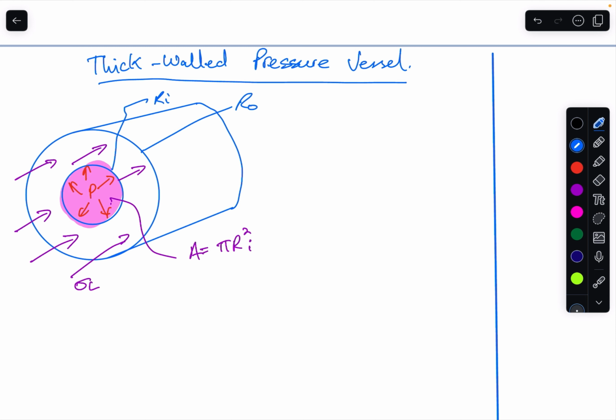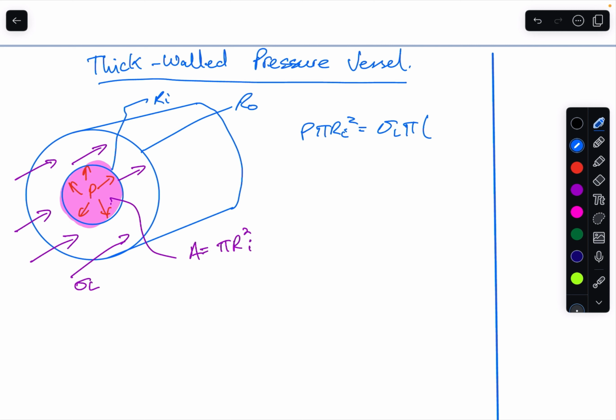Because it's a thick wall pressure vessel, we now need to consider its thickness, the inside, internal, and the outside, external. So just like before, we had pressure times pi ri squared, so the force that pushes out is equal to the longitudinal stress times pi.